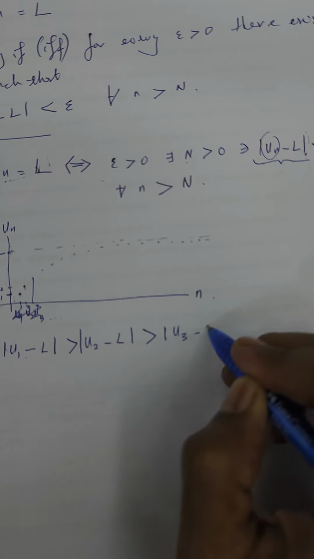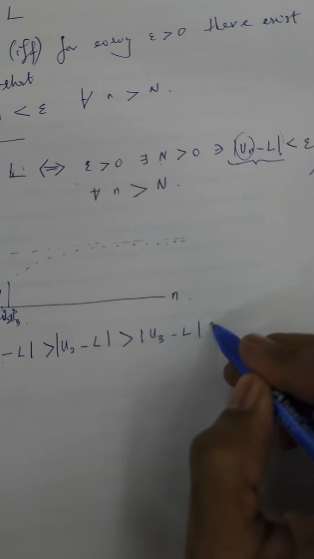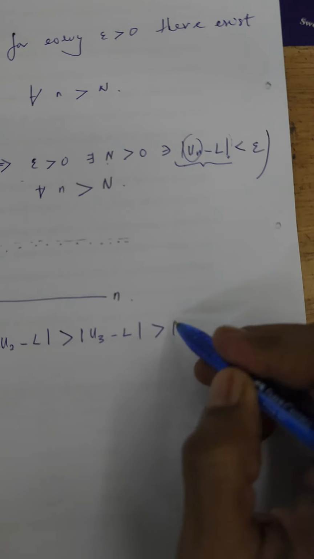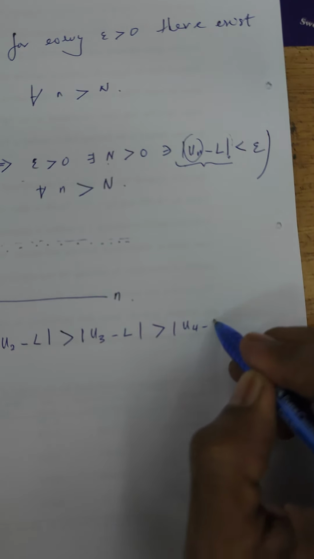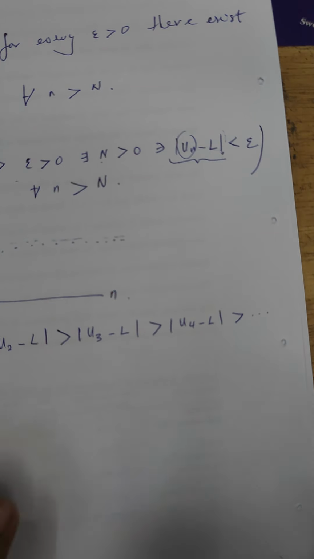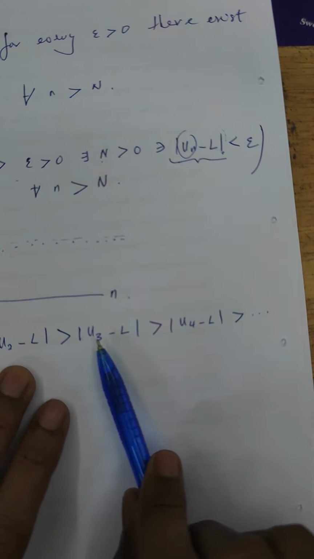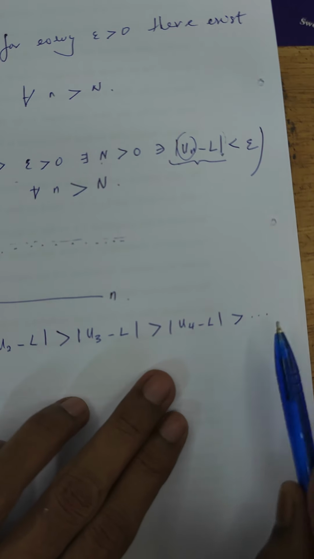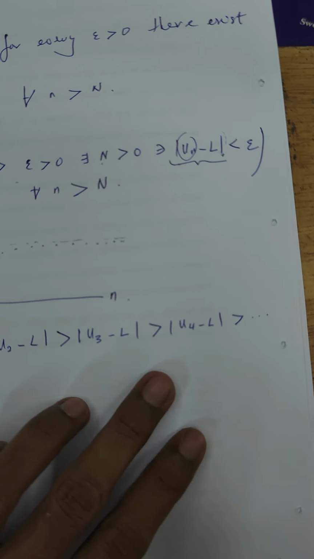u3 minus L, u4 minus L, and so on. So as we can see here, these terms are getting smaller and smaller. The more to the right you go, the smaller the numbers.